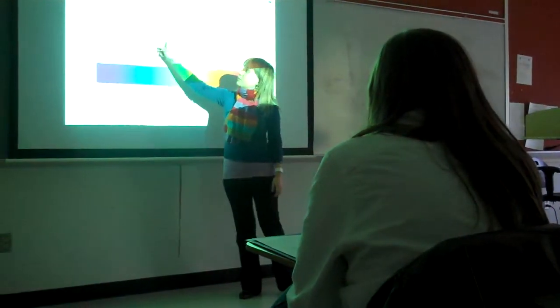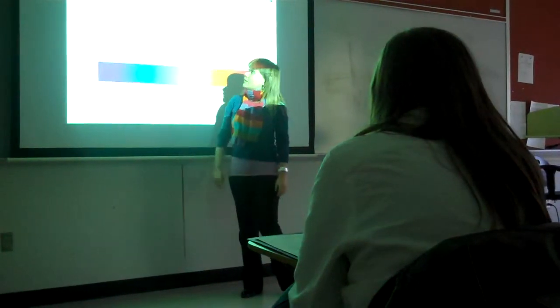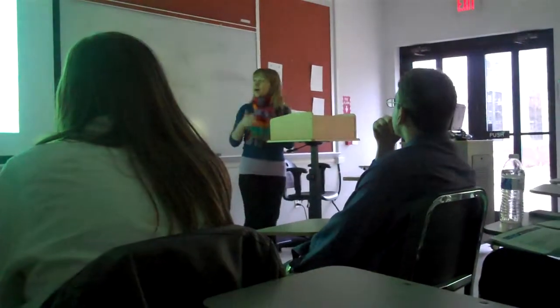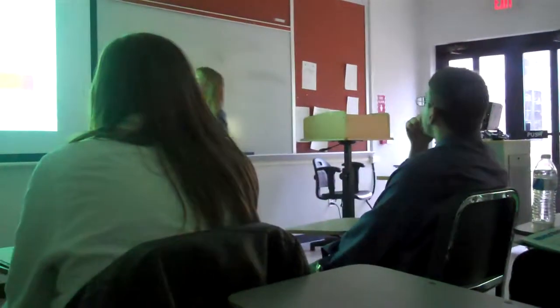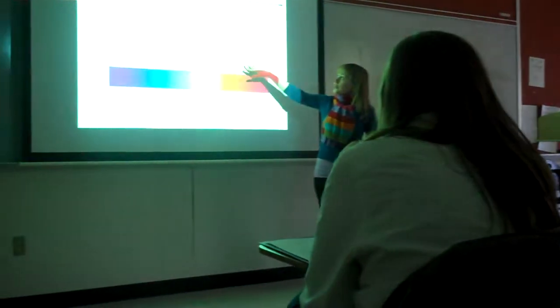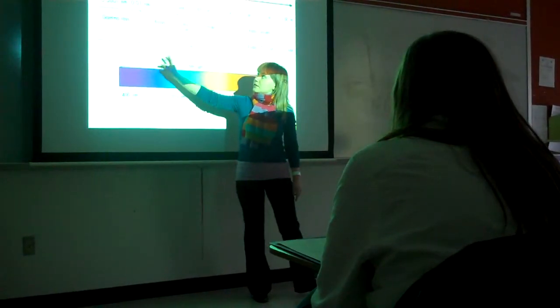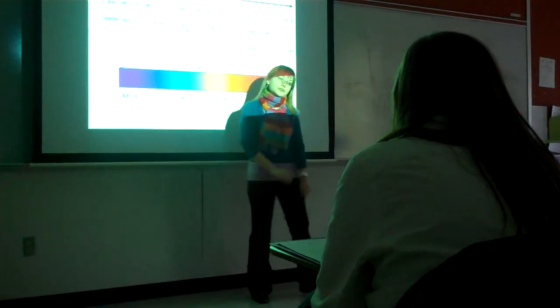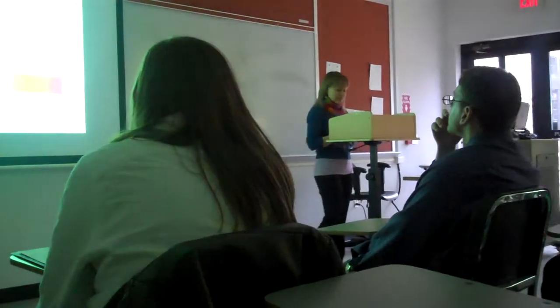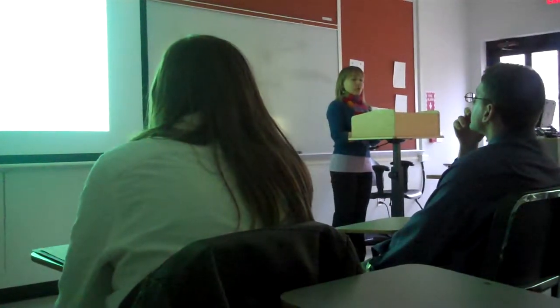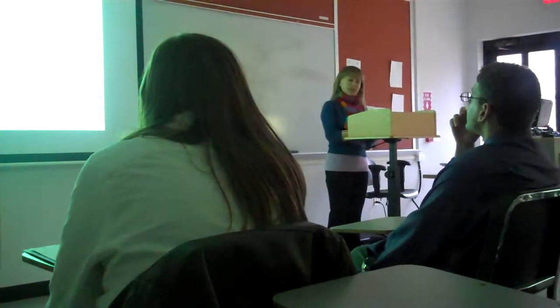X-rays fall beyond the ultraviolet waves, so they have higher energy. As you move this way, the wavelength increases, but if you move this way, the rays have more energy. So this type of radiation is more dangerous than ultraviolet, but they use low amounts of them for the imaging.